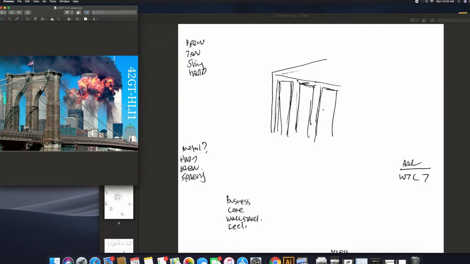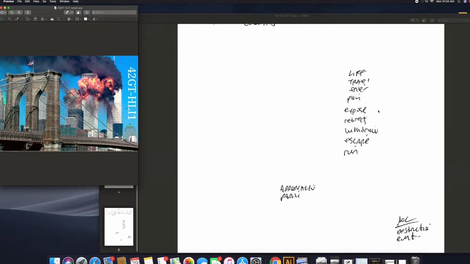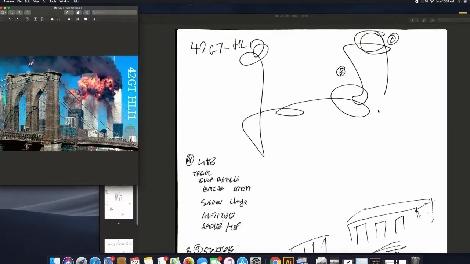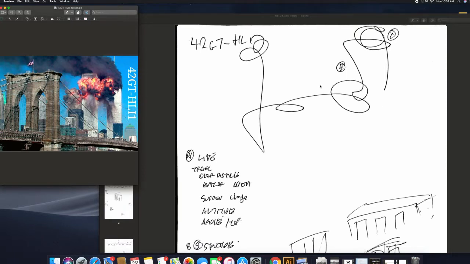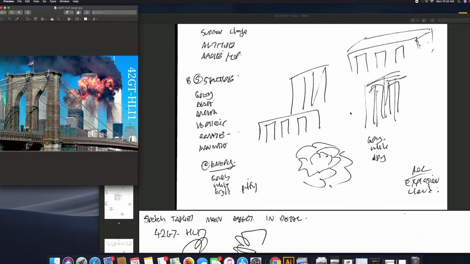I had good visual representations of the towers. I had business core, things like this. These are good data points that match the target. Visually speaking, not so much.